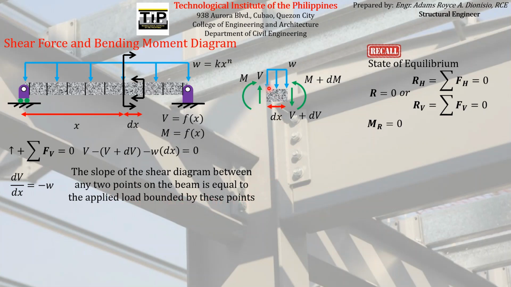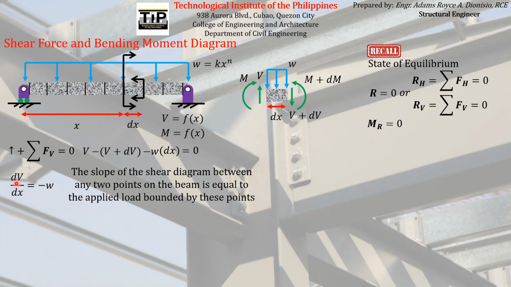Meaning the slope of the shear diagram between this point and this point is just equal to the magnitude of the applied load between these 2 points, which is W that points downward, so it must have a negative sign. So that is one of the relationships that we can establish between the load diagram and the shear diagram.